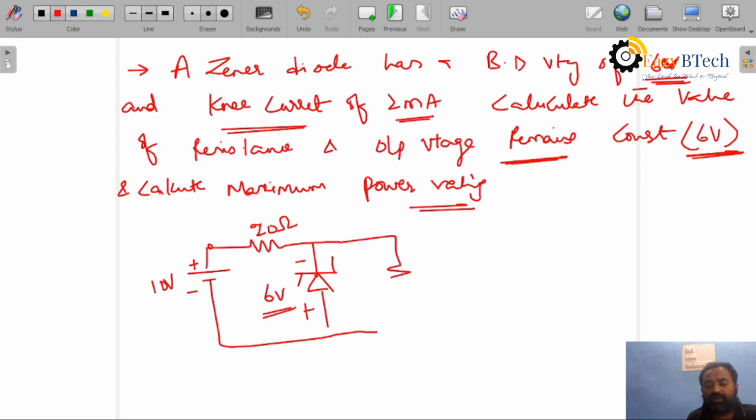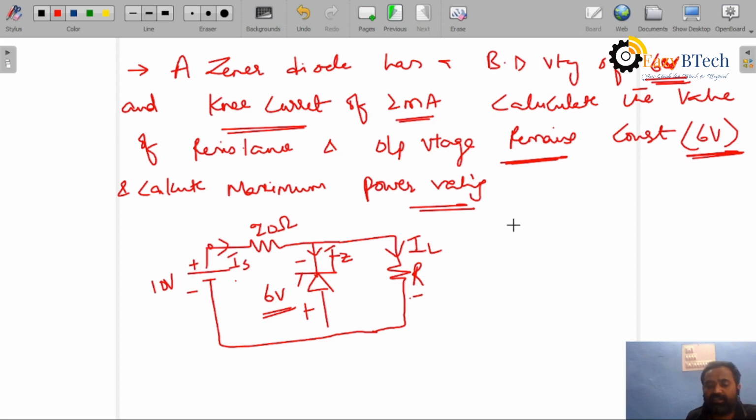Here the load resistance R you have to find, the load current is IL, the current through the Zener diode is IZ, and the source current is IS.